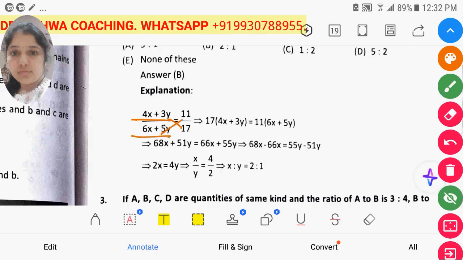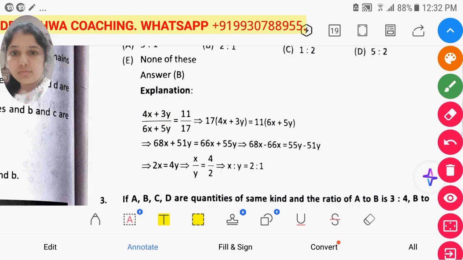Now we can cross multiply. In equivalent fractions we saw that if two fractions are equal, the numerator of one and the denominator of the other, and the denominator of one and the numerator of the other, their products are the same.